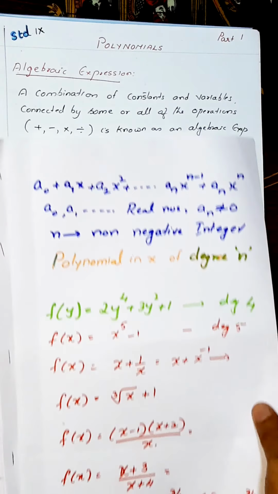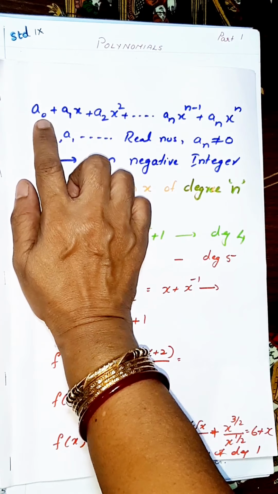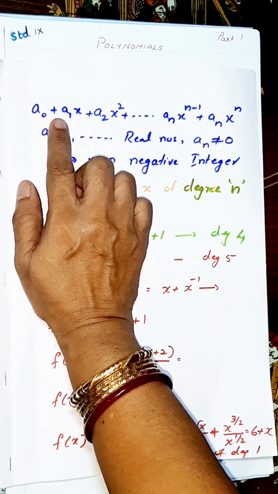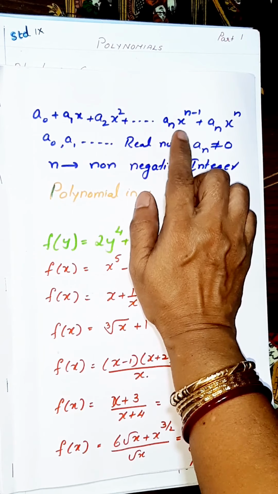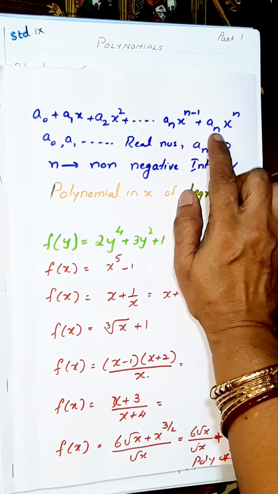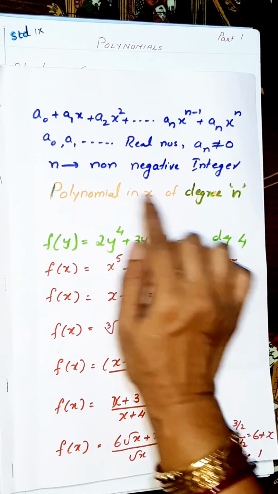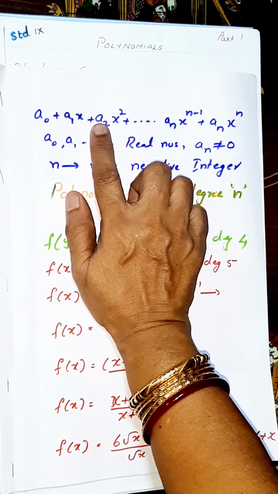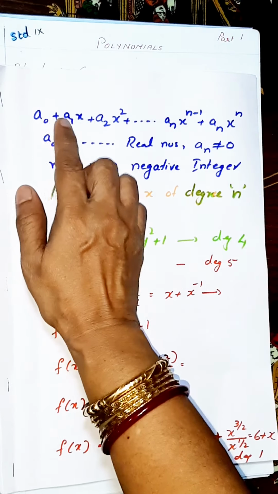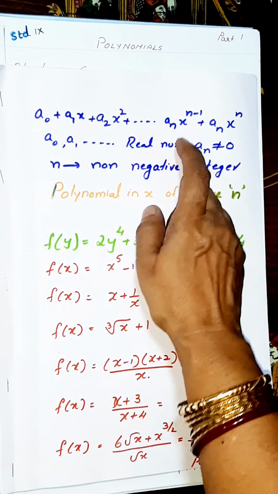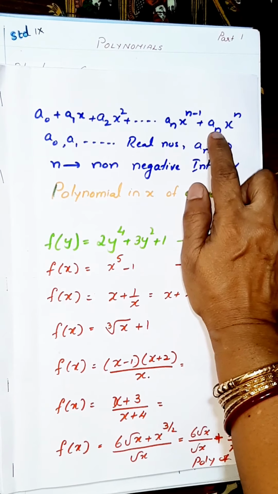A general format of a polynomial in one variable is a0 plus a1x plus a2x squared plus, etc., a(n-1) x to the power of n minus 1 plus an x to the power of n. This is a polynomial in x, in one variable, of degree n, where a0, a1, a2 are all real numbers, and if it is of degree n, then an cannot be equal to 0.